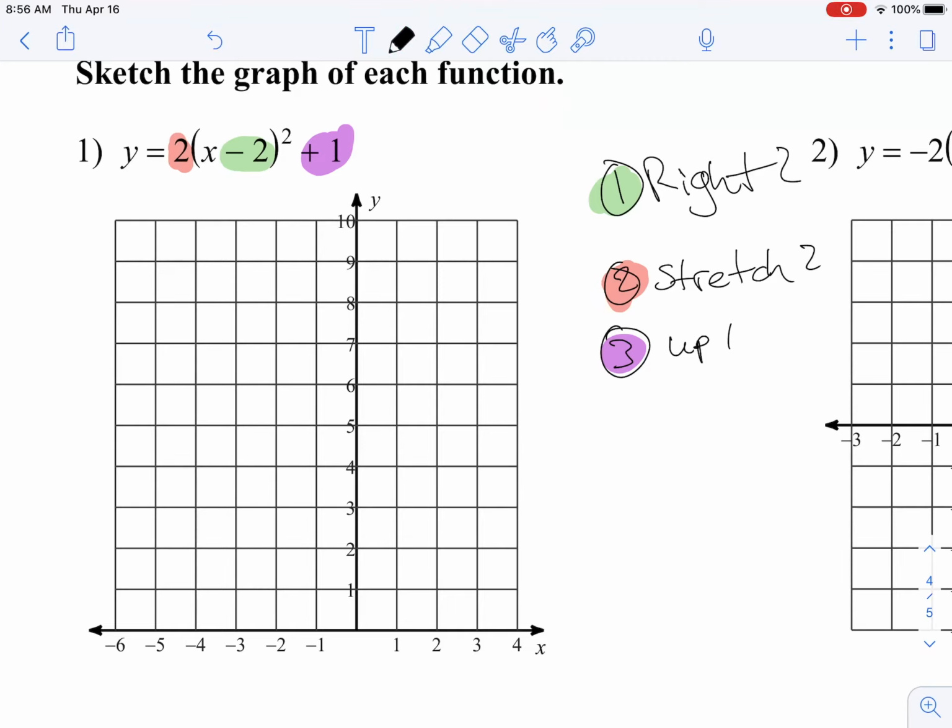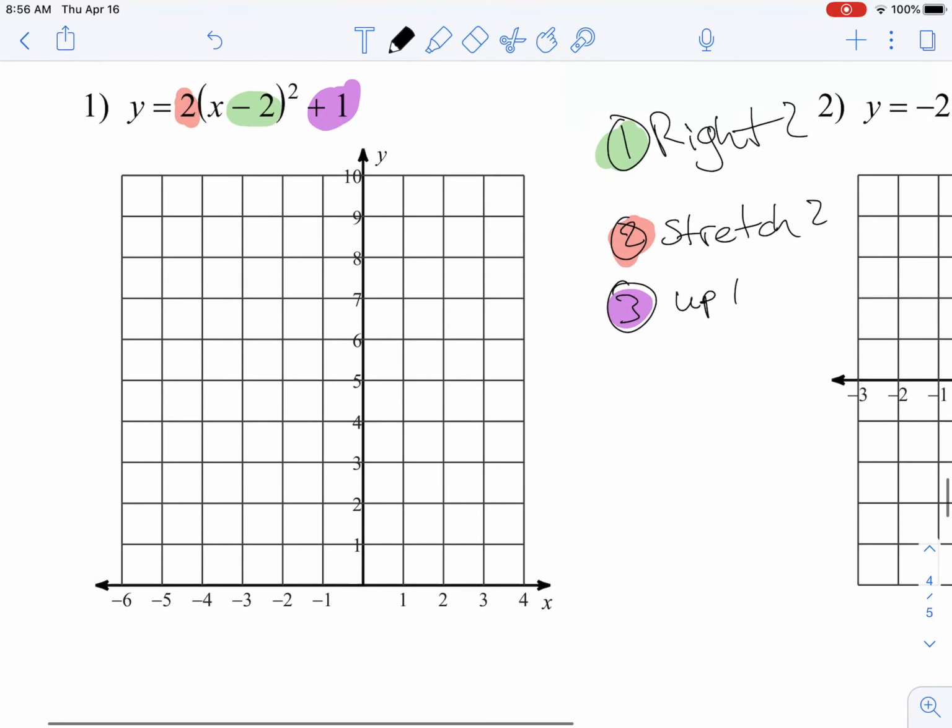So we could graph. The idea is that a parent function for a quadratic, so that's before any of these changes are made, we would have the function y equals x squared. That's the most basic, and it would look like this. I'll show you in red.